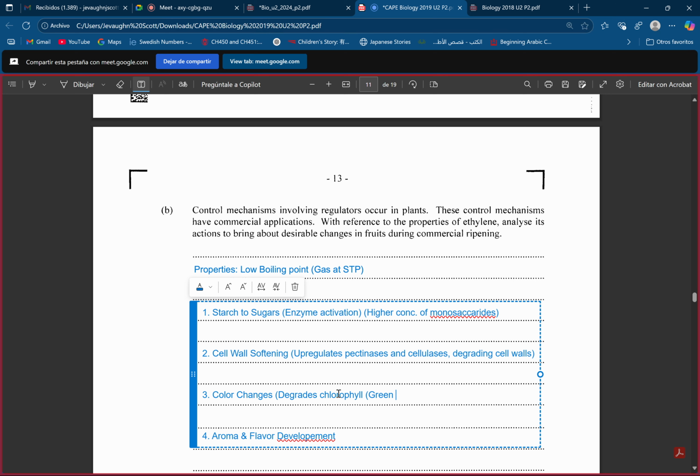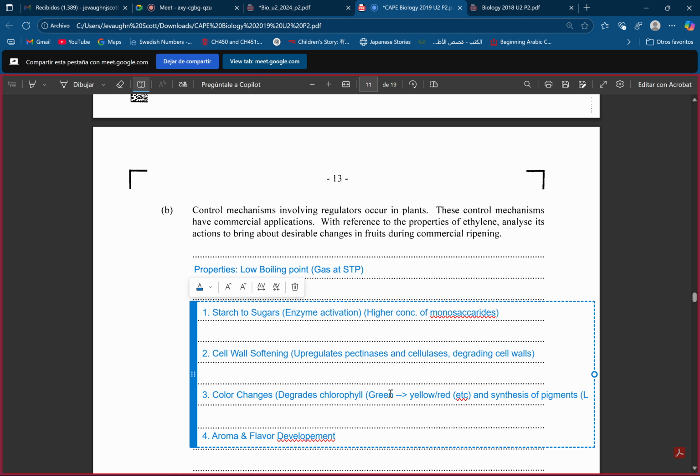Alright, so that's more or less it. Are there any questions or concerns about the biochemical processes, guys? Yellow, red, or other colors, etc., and synthesis of pigments.